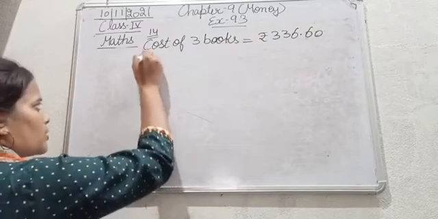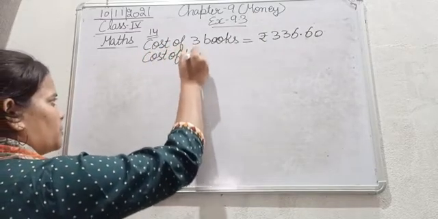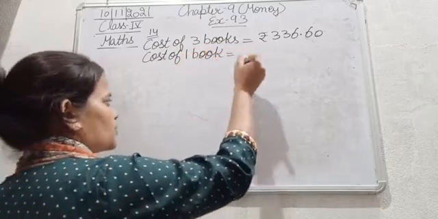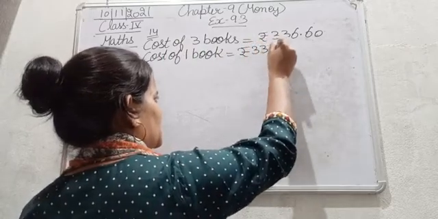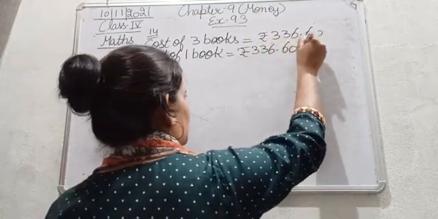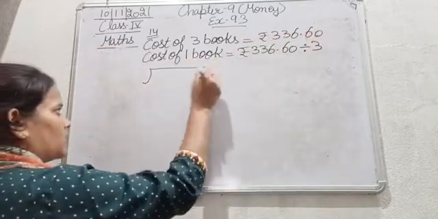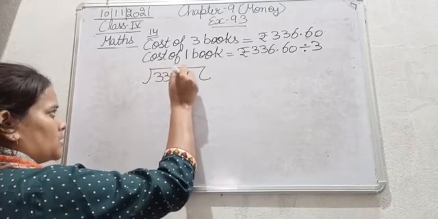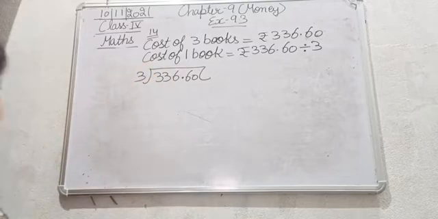Let's find out the cost of one book. We can find that by dividing the cost of three books, that is 336 rupees 60 paisa, by the total number of books, that is 3. So 336 rupees 60 paisa divided by 3.